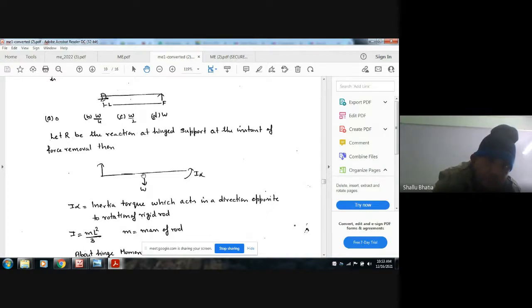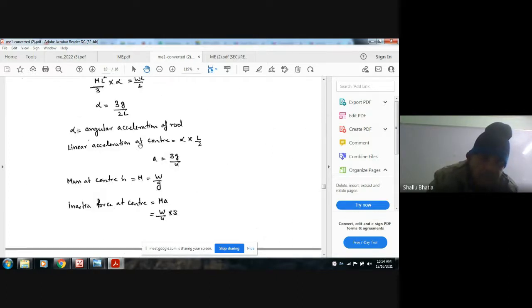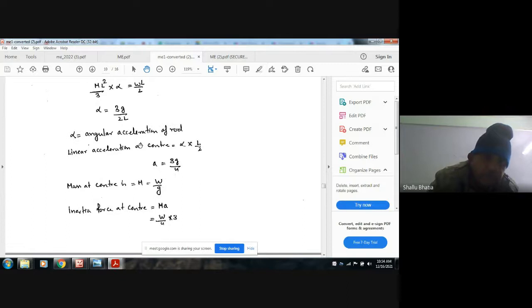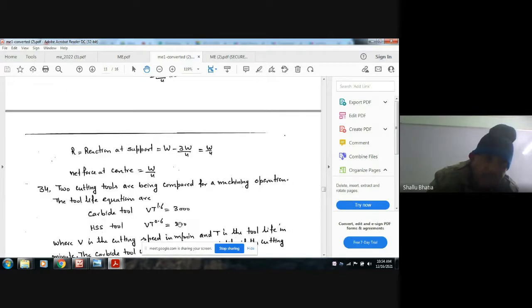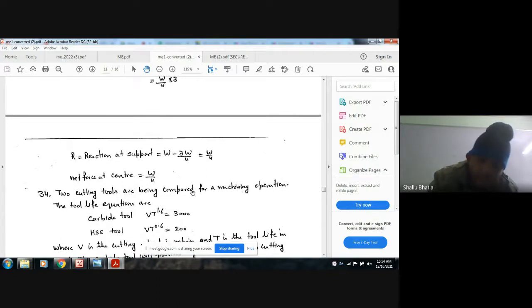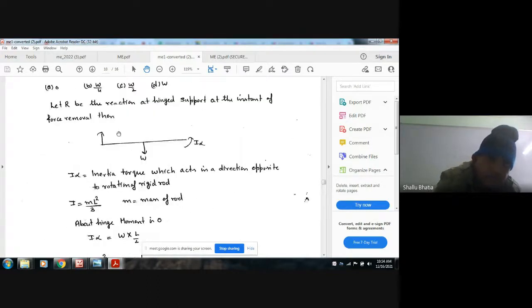As we found the acceleration here, now we balance the forces at this point. We have to take this W and the inertia force acting upward. The acceleration is alpha L by 2 and mass is W by G, so the inertia force acting is 3W by 4. And at this point W is acting downward.